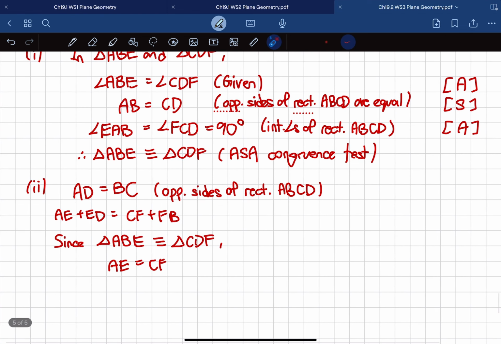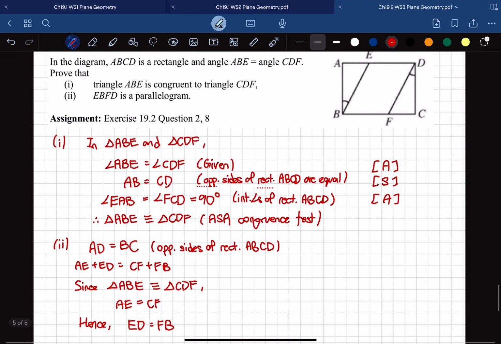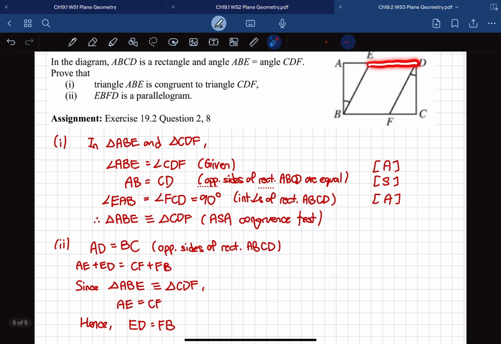Therefore, these two are the same. Hence, I know that ED is equal to FB. So I've shown that this length is the same as this. You must show that this length is the same through this method. You cannot just claim that they are the same without proper reasoning and proof.